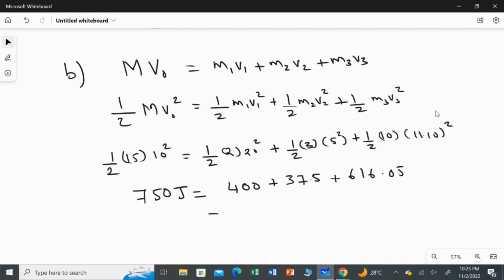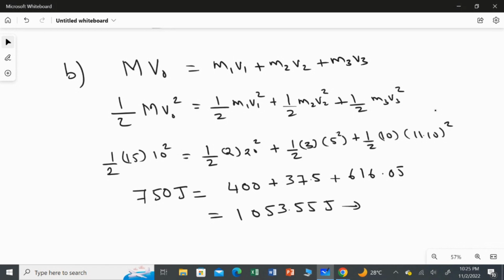Now I'm going to add all the values on the right hand side: 616.05 plus 37.5 plus 400. That is 1053.55 joules on the right hand side.